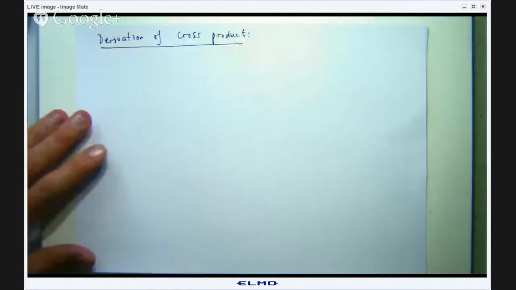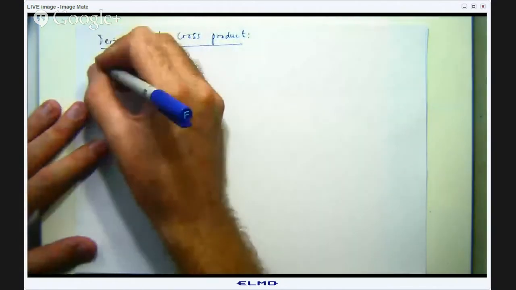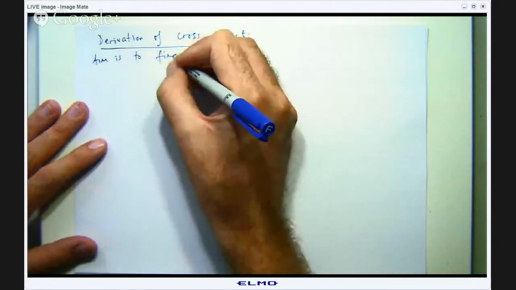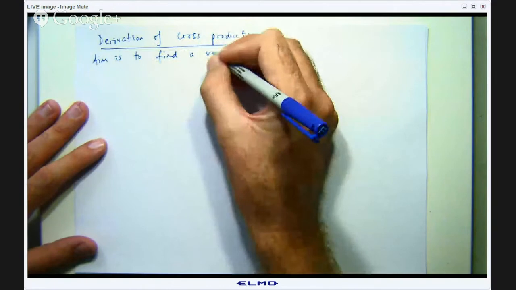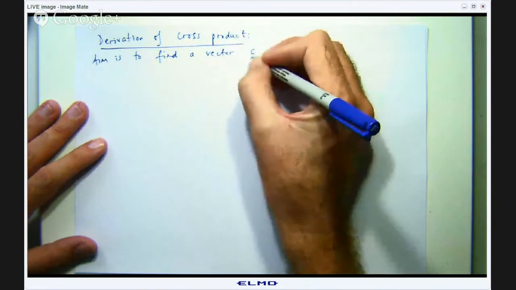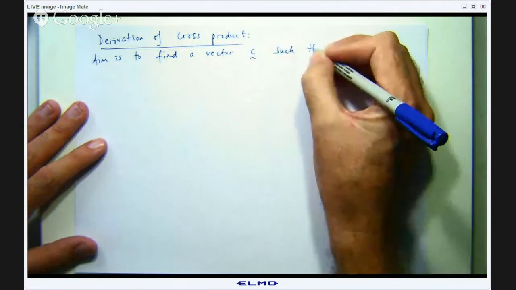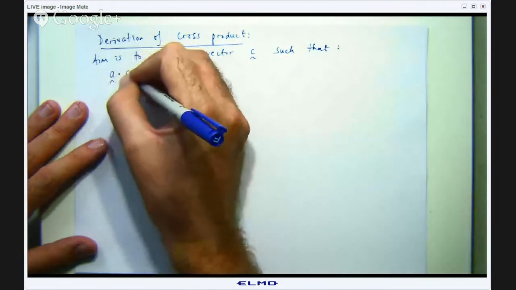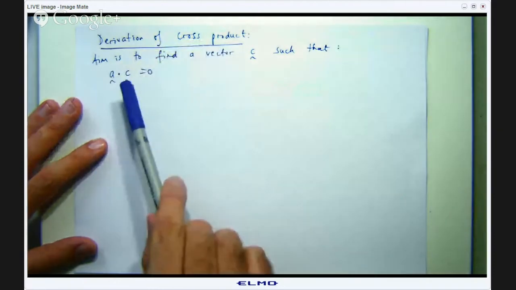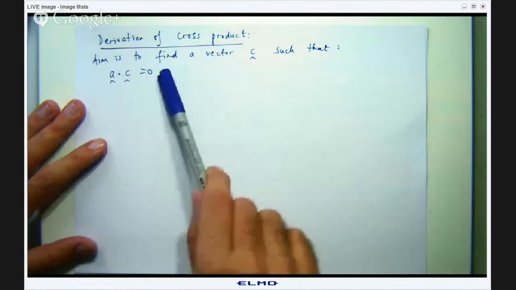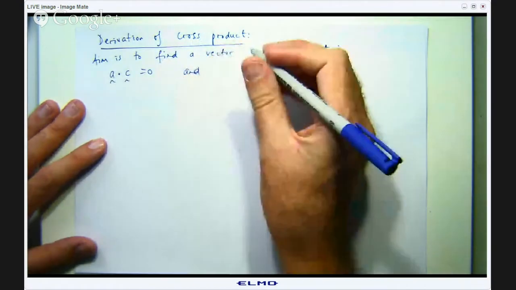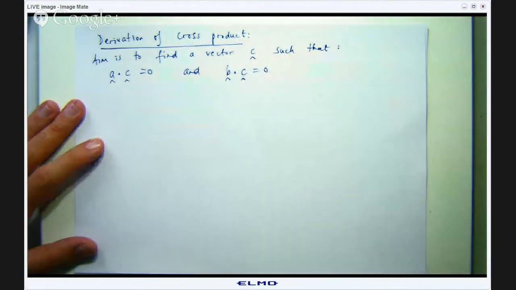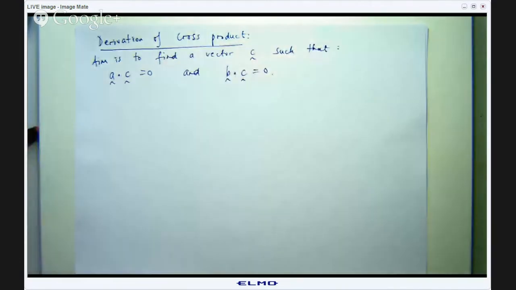Okay, so the aim is to find or define, if you like, a vector C, such that the dot product of A and C is 0. That means they're perpendicular. And the dot product of B and C is 0.